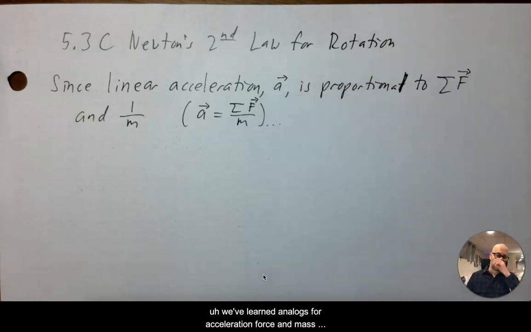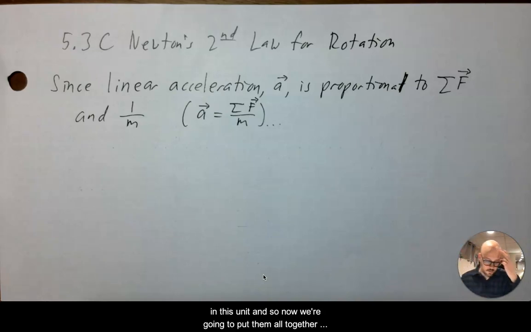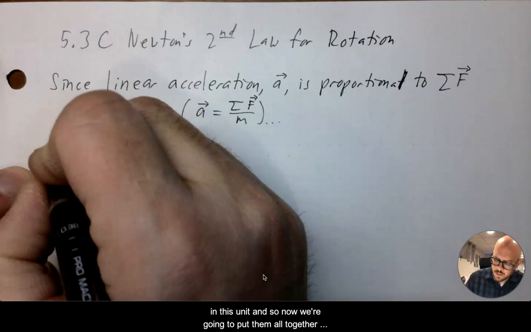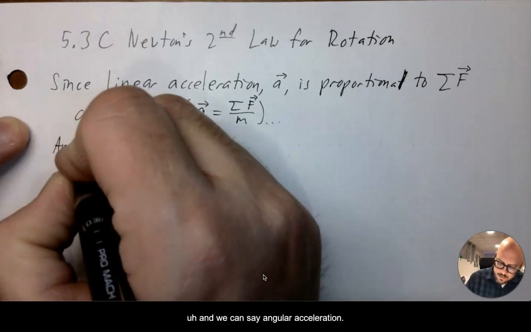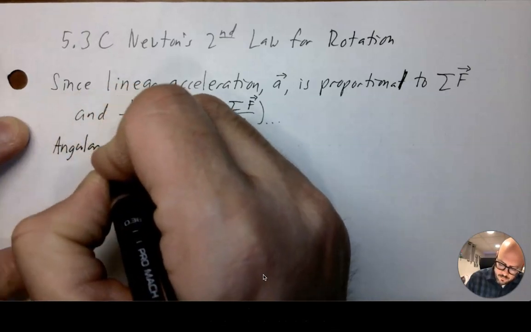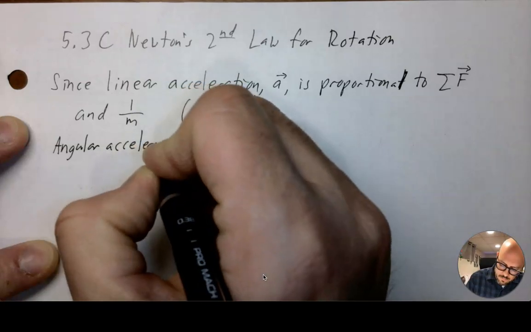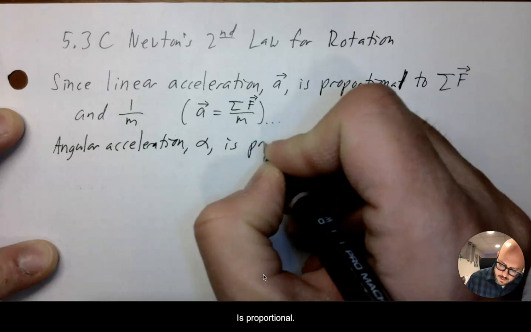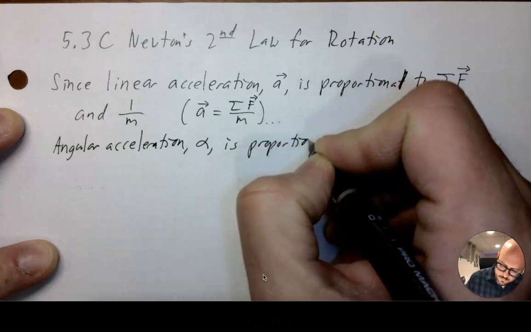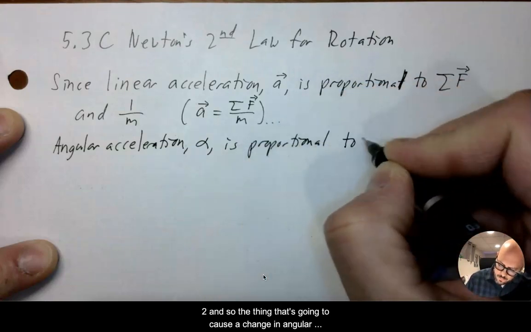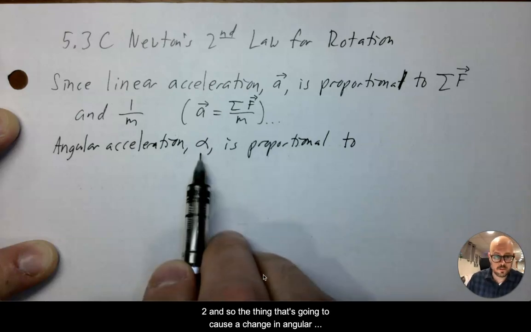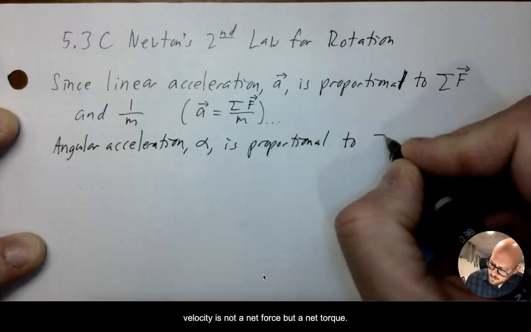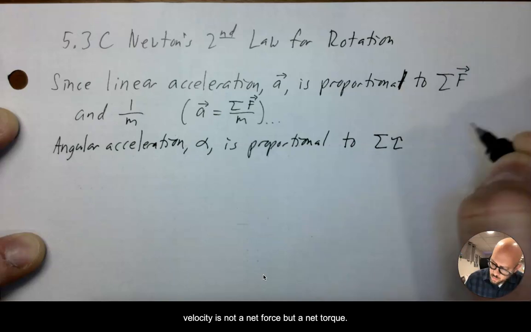So we've learned analogs for acceleration, force, and mass in this unit, and so now we're going to put them all together, and we can say angular acceleration, which is alpha, is proportional to, and so the thing that's going to cause a change in angular velocity is not a net force, but a net torque.